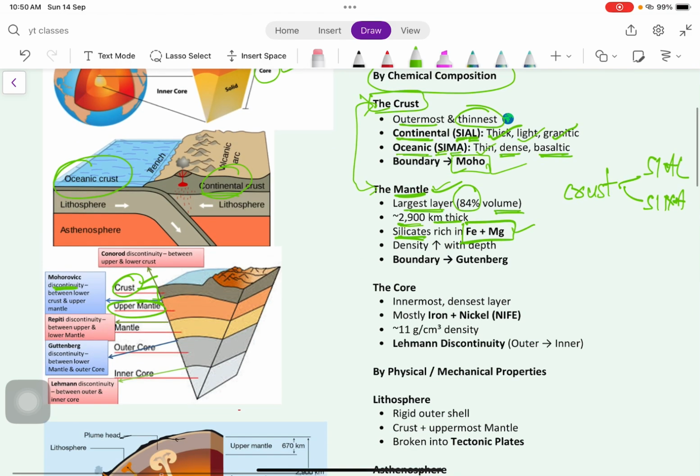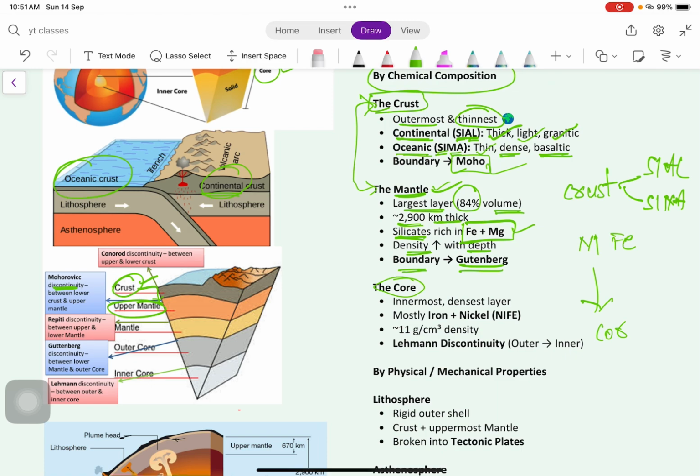So when we go deeper, the density increases with depth in the mantle layer, and the boundary dividing the mantle layer and the core is the Gutenberg discontinuity. When we go from mantle to the core, mantle is made up of what?